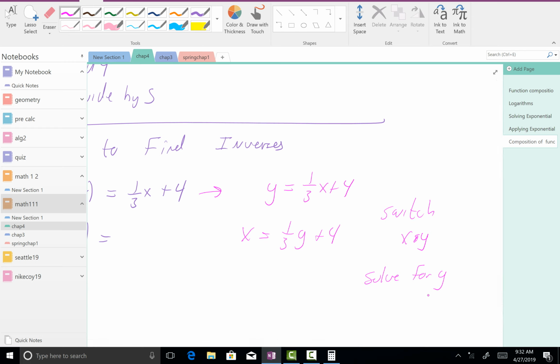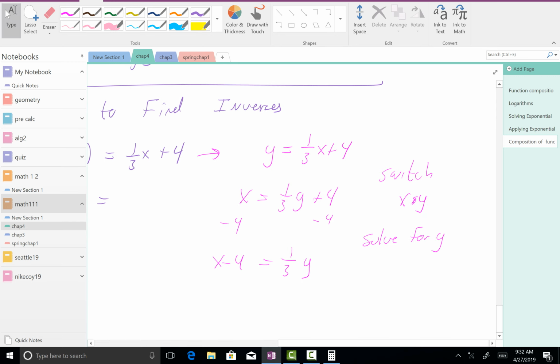Okay, so if we're going to solve for y, what would we do first? And then how are we going to get rid of that 1/3? Multiply by 3.